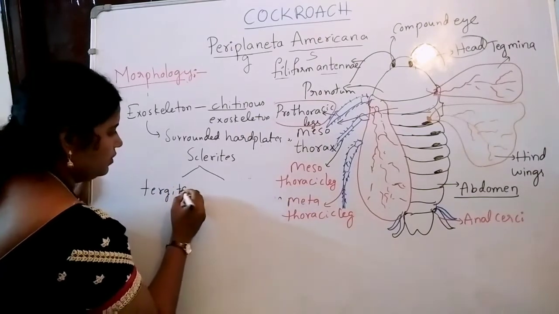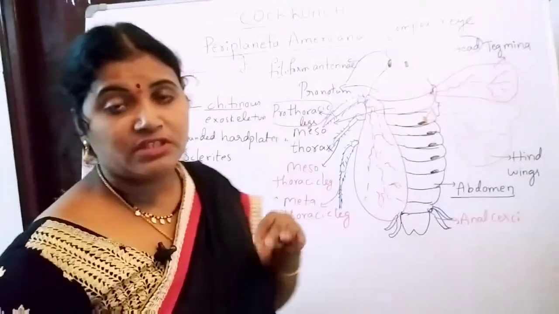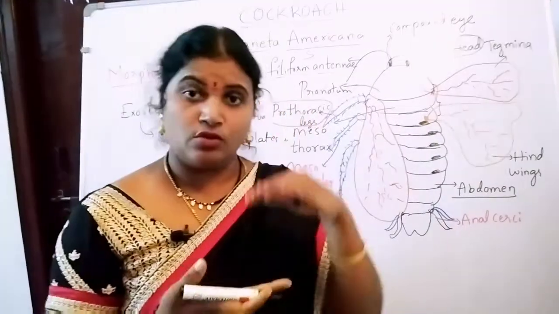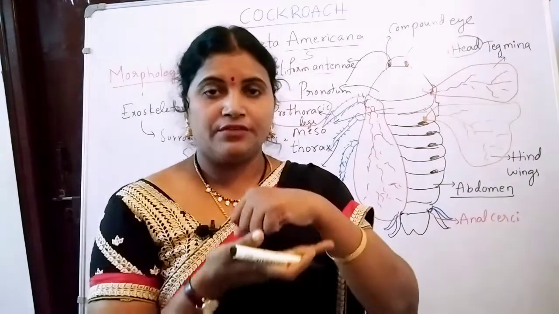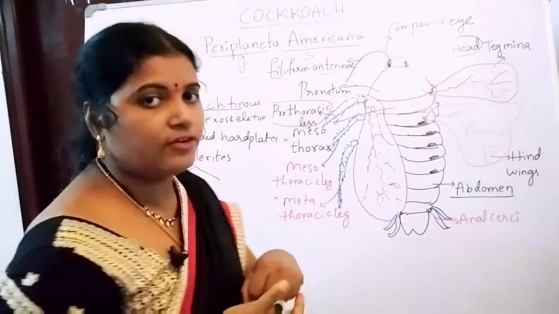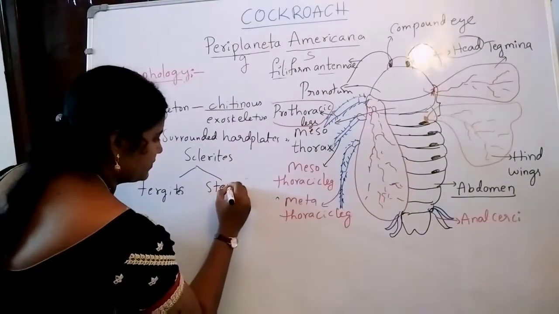And ventrally, meaning the lower surface of the insect. The upper surface is dorsal, the lower surface is ventral. The ventral surface is also covered by hard plates, known as sternites. For example, if it is an insect, here is the dorsal surface and here the ventral surface. The dorsal surface is divided into segments, and the ventral surface is also divided into segments. Dorsal plates are known as tergites, ventral plates are known as sternites.